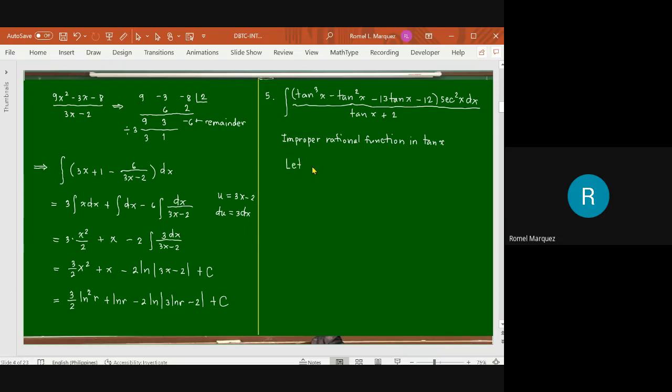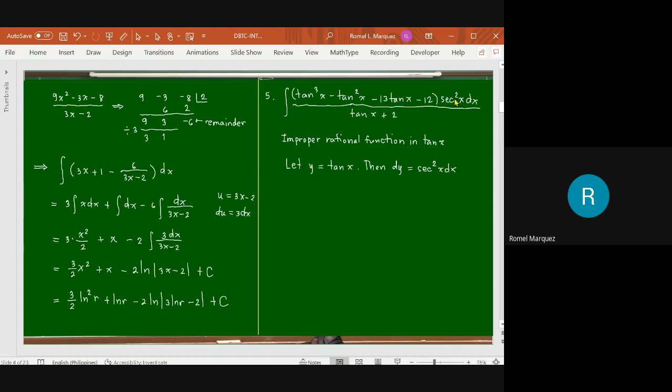Let y be equal to tangent x. Hence, dy is given by, what is the differential of y? Secant squared x dx. Very good. Which is actually in the numerator already.